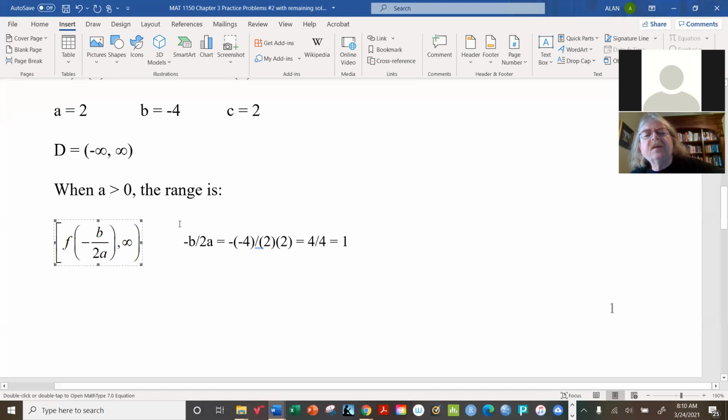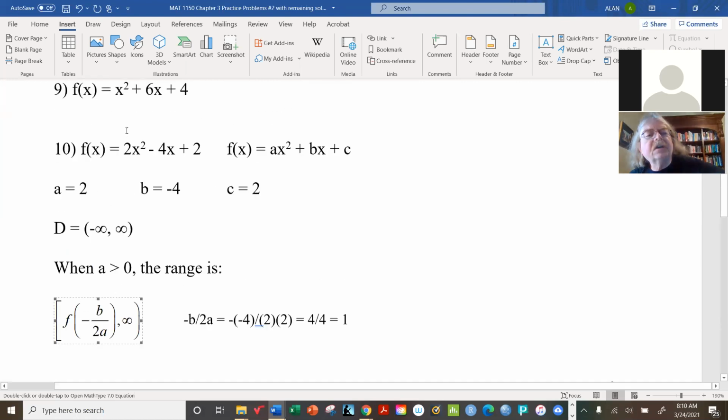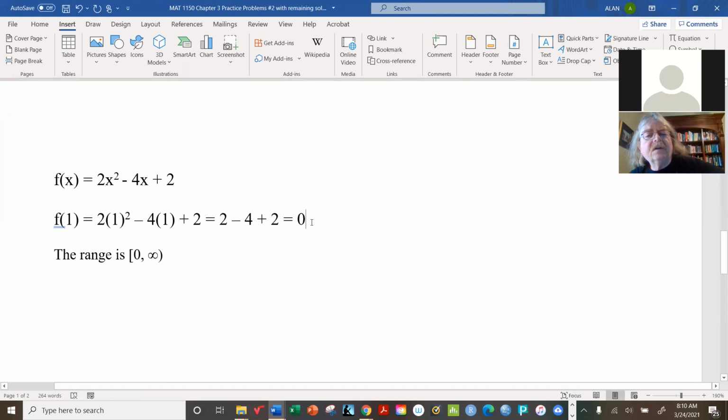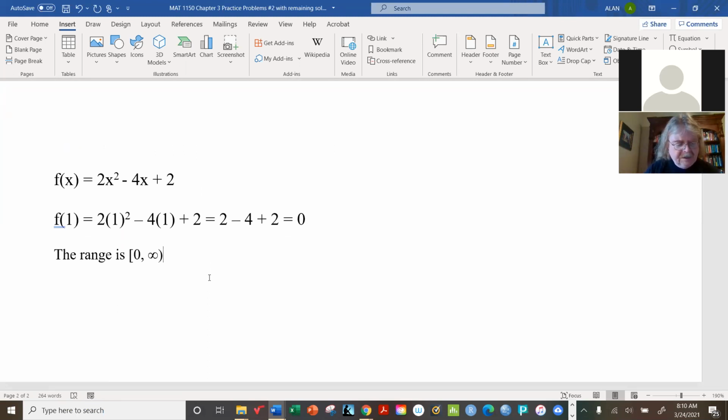So we solve for negative b over 2a and come up with 1, and then that gets plugged into the function. We solve for f of 1, and the value is 0. So the conclusion is that the range is everything from 0 up to infinity, including the 0.